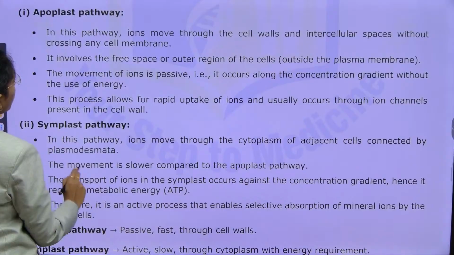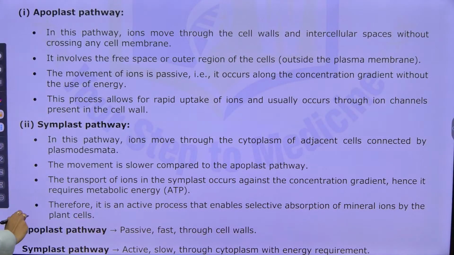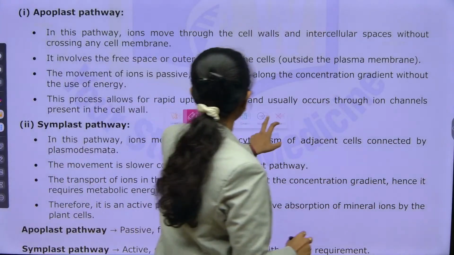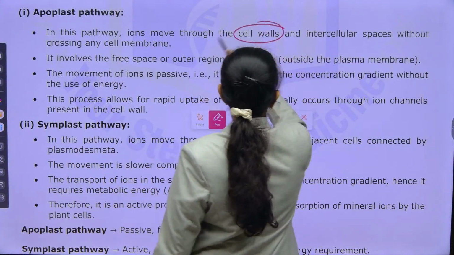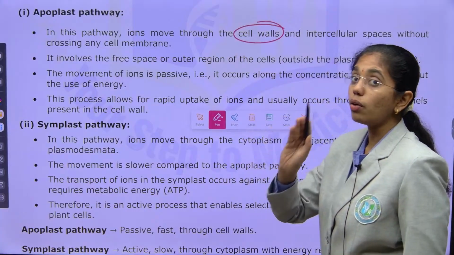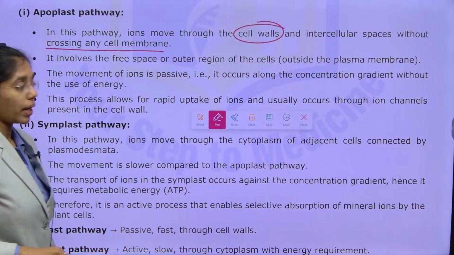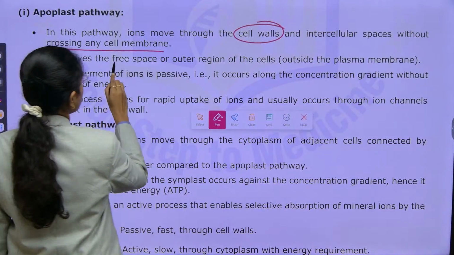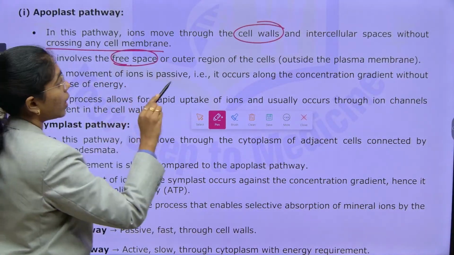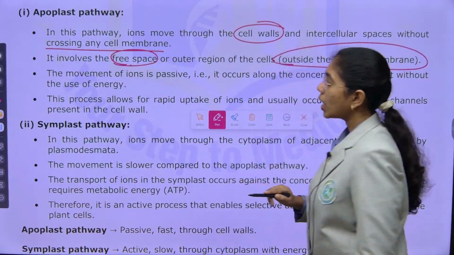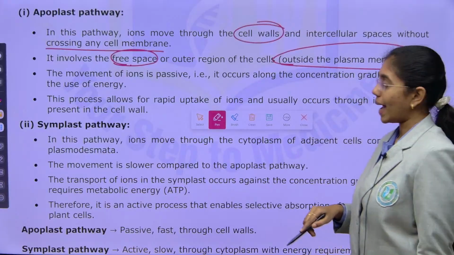Apoplastic movement. In this pathway, ions will move through the cell walls and intercellular spaces without crossing any cell membrane. It involves free space or the outer region of the cells, that is outside the plasma membrane. Movement of ions is passive.